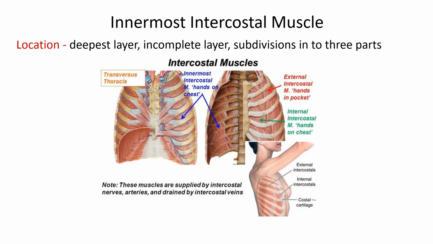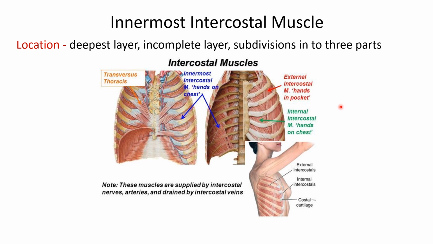Coming to the innermost intercostal muscle, it is the deepest layer and it's an incomplete layer, and it is subdivided into three parts. They are the intercostalis intimus, subcostalis muscle, and transversus thoracis or sternocostal muscle.